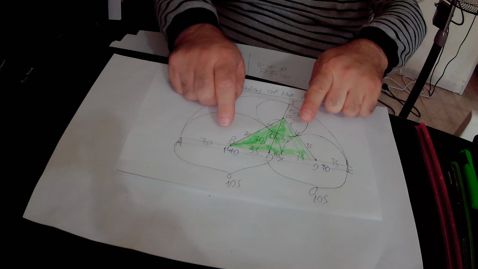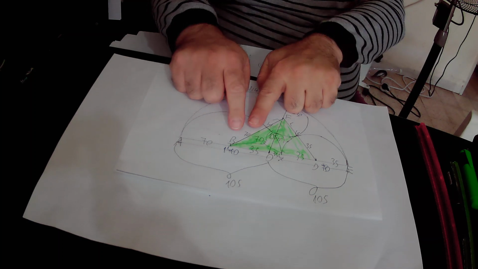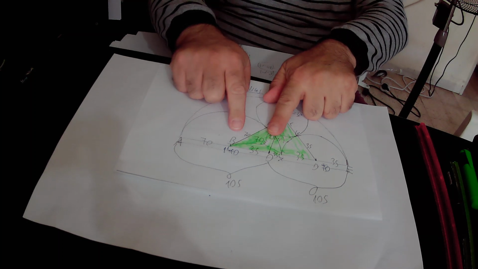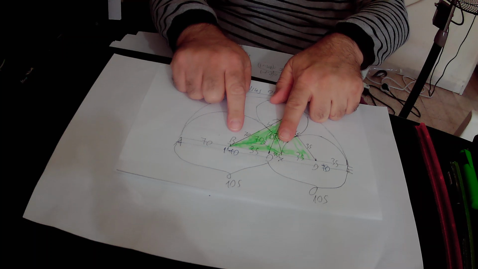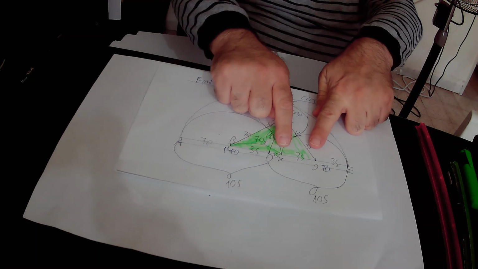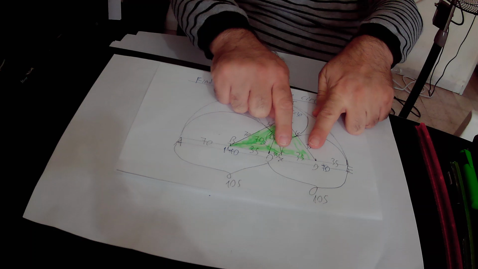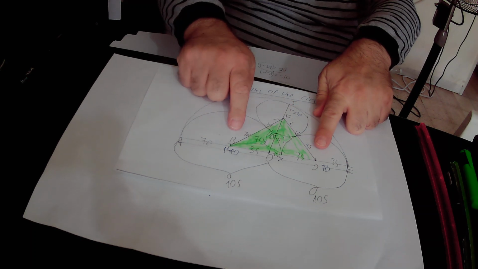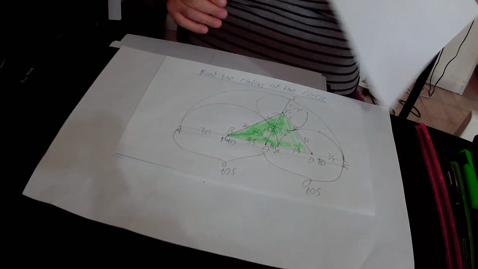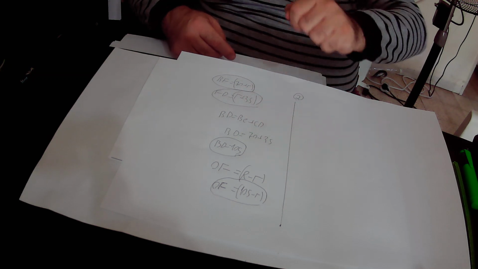The radius of this semicircle is 70 units. The radius of the smallest semicircle is 35 units. 70 plus 35 is 105. In conclusion, BD equals 105 units.